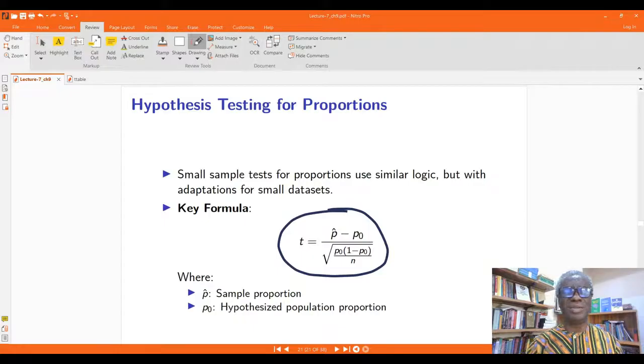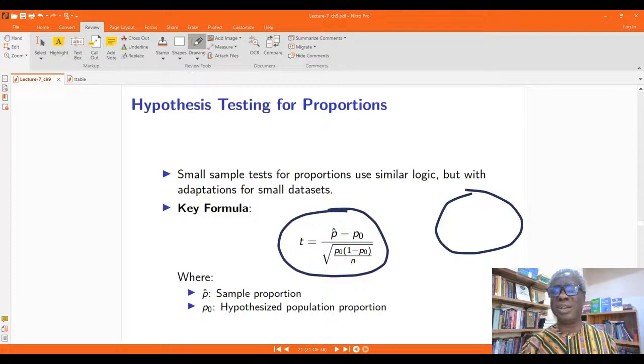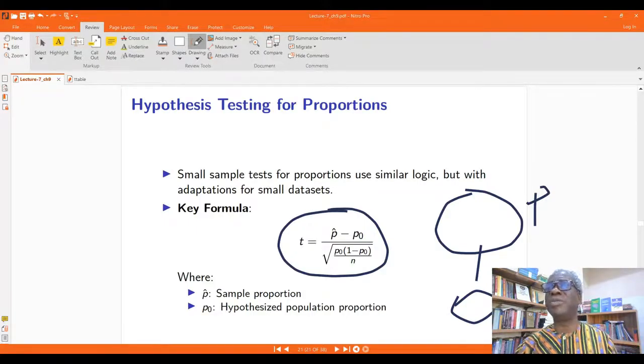If, for instance, you have a population and then you take your sample from that population, then this is the population proportion. That's the proportion of those who possess that attribute in the population. But usually we don't know, and so we have to take the sample. When we take the sample, we look at those who possess the attribute in that sample, and that is measured in terms of p hat.